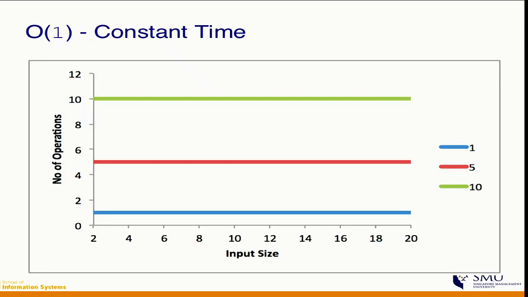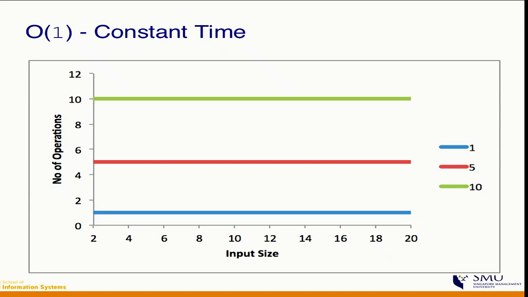Now, what are the different big O cases that you will encounter? One of the cases is what we call O(1), which is constant time. In this case, you can increase the input size, but the number of operations remains constant. This is the best kind of algorithm that you can get because you keep increasing the input, but the complexity always remains the same.